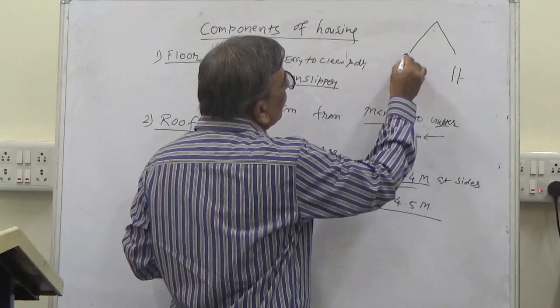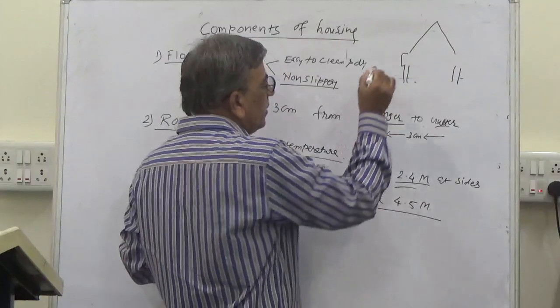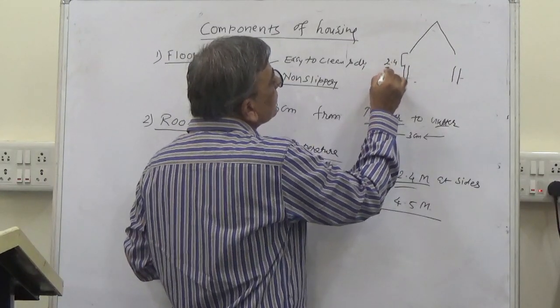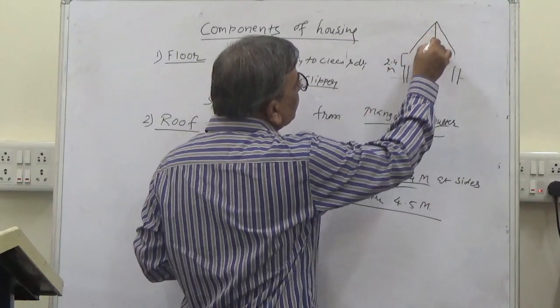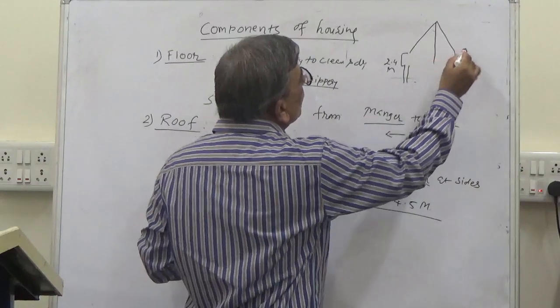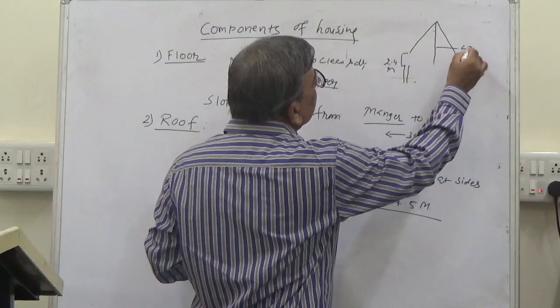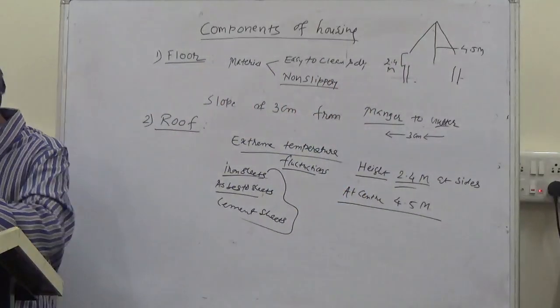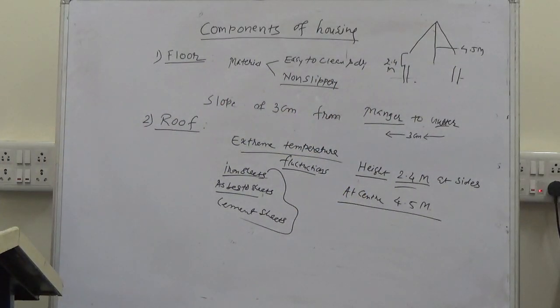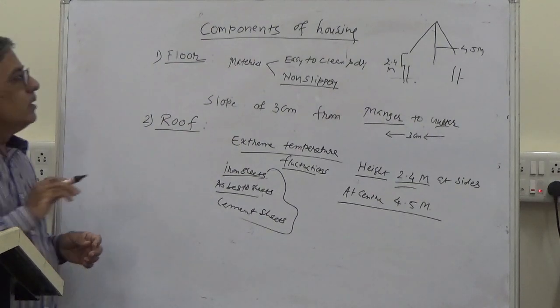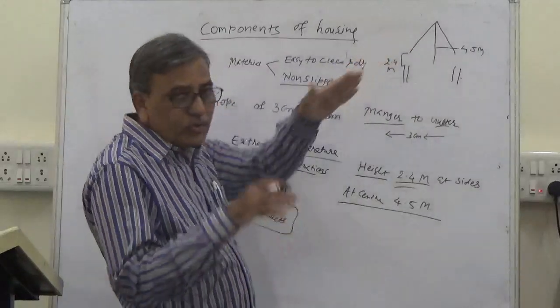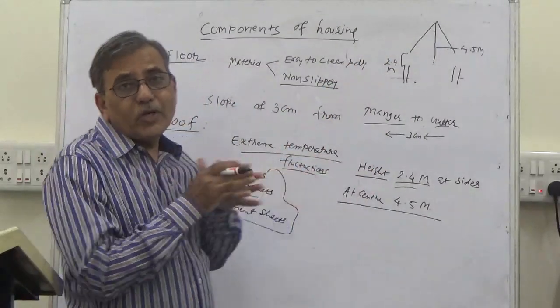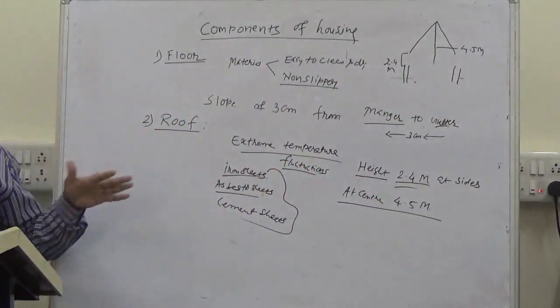So this height should be 2.4 meters, and at the center the height should be 4.5 meters. Then the roof should extend 0.5 meters beyond the walls.